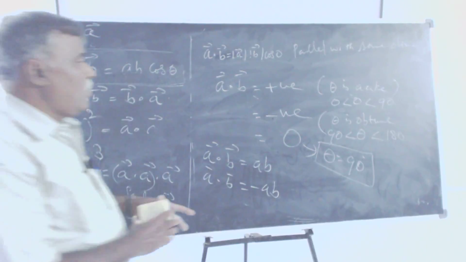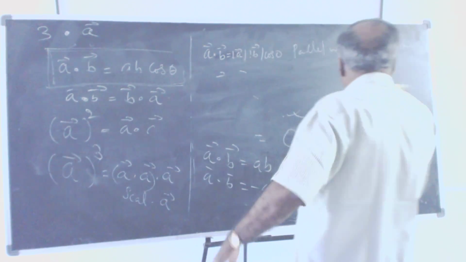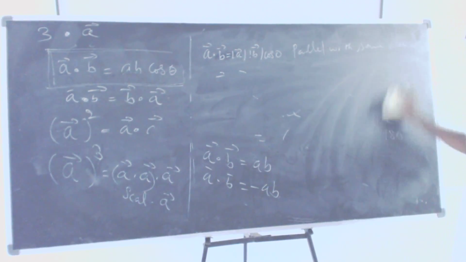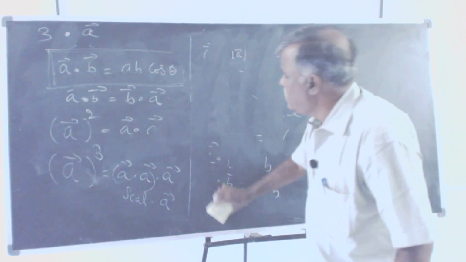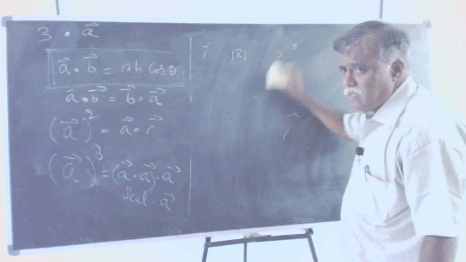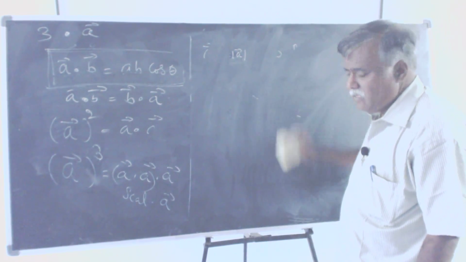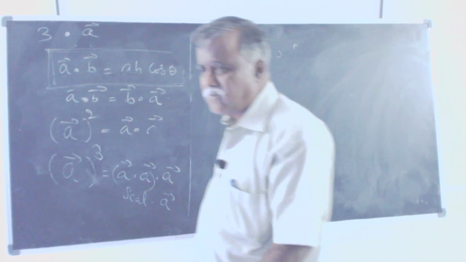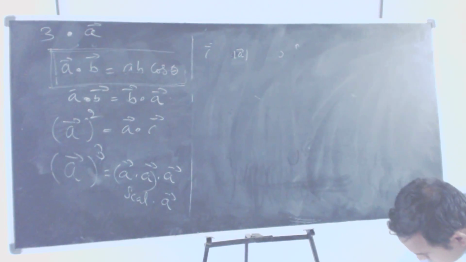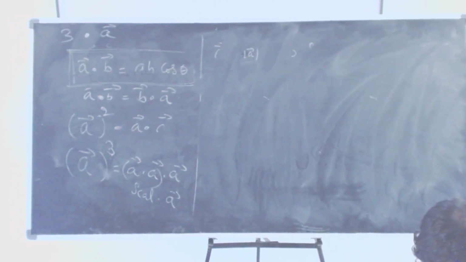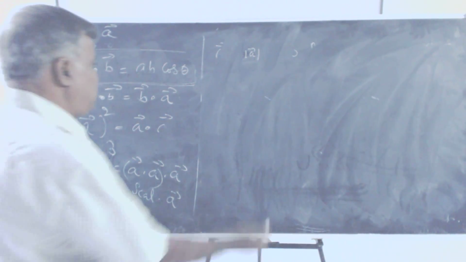Right. One more idea. This algebra A plus B whole square is very familiar, very popular, well known to all. A plus B whole square is what? Stand up and say A plus B whole square formula. A square plus B square plus 2AB. Very good.